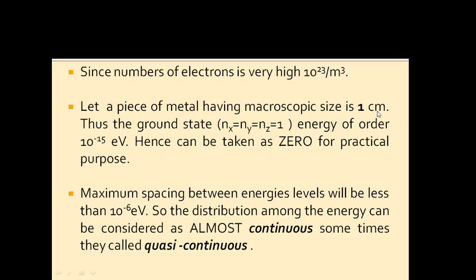From the energy calculation n²h²/8ma², if you consider the ground state energy, the lowest energy, where nx, ny and nz equal 1, then the energy is of the order of 10^-15 electron volt, which you can consider almost zero for practical purposes.